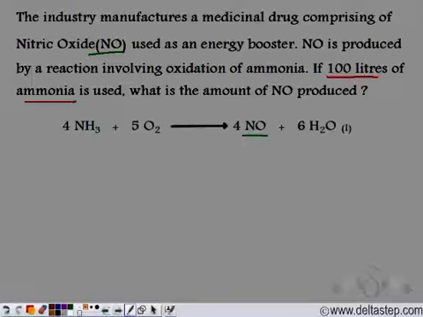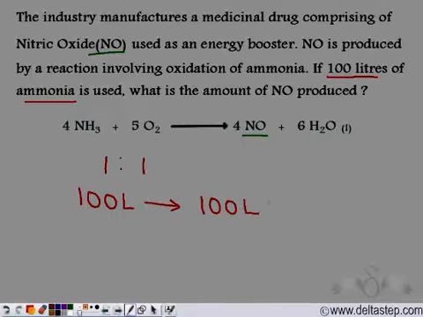That is, a 1:1 ratio of ammonia and nitric oxide is present. 4 volumes of ammonia produces 4 volumes of nitric oxide. So 100 liters of ammonia produces 100 liters of nitric oxide.